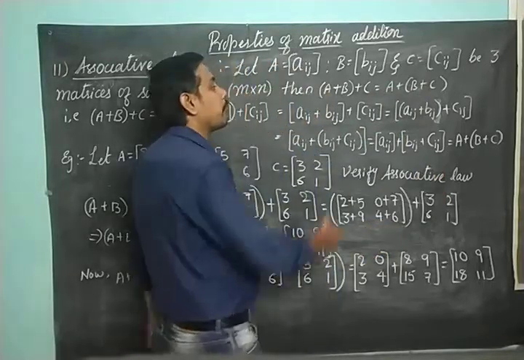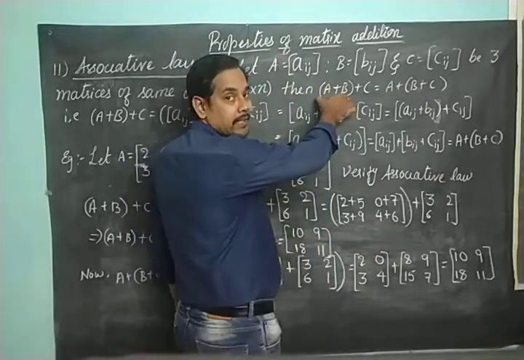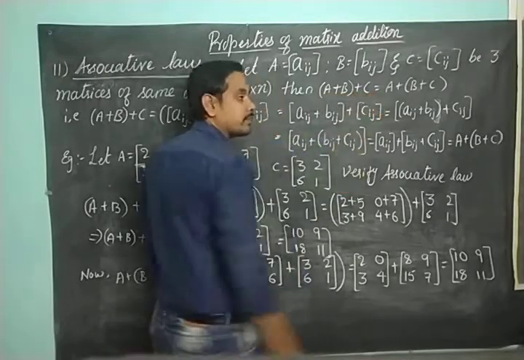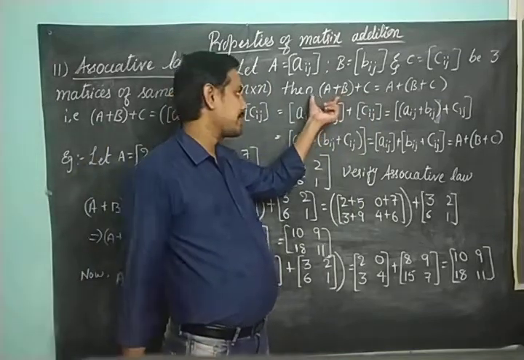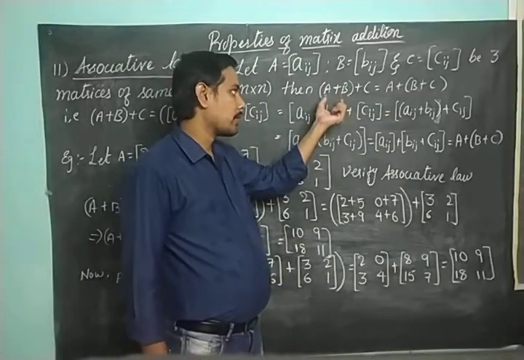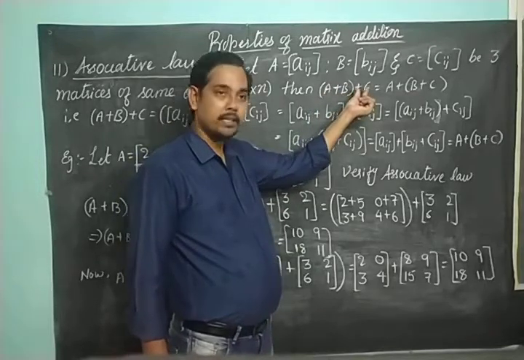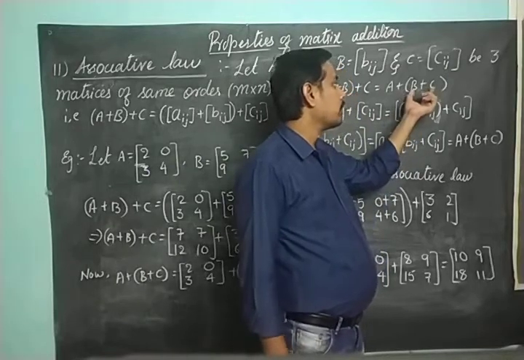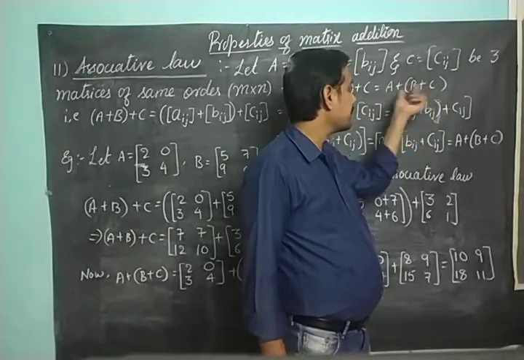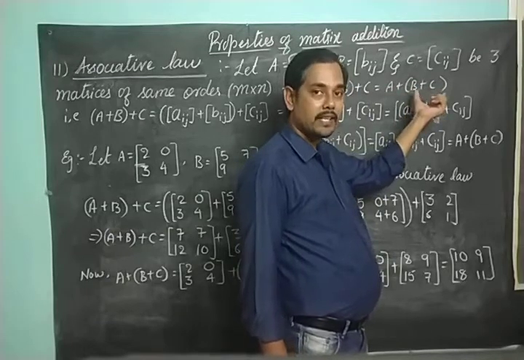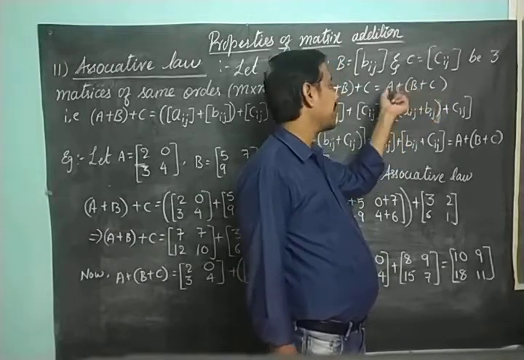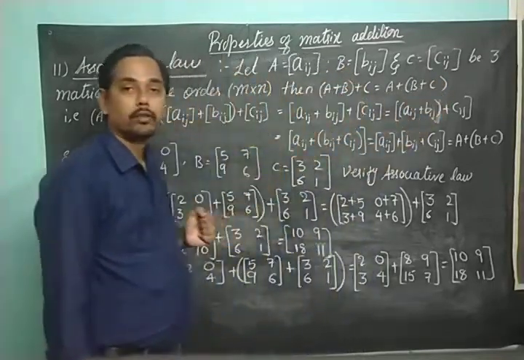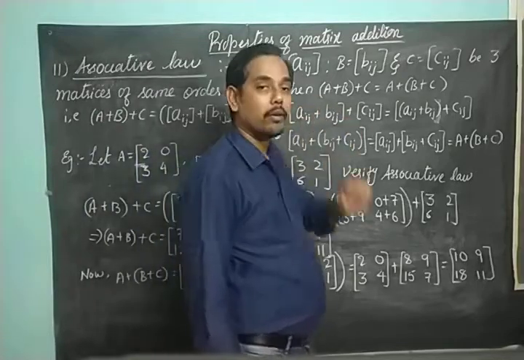That means if you add A plus B, you will get a matrix. First you should perform the matrix addition for A plus B, then whatever resultant matrix you get, you should add to C. Then that will be equal to adding B plus C first, and whatever matrix you get, adding it to A. Whatever answer you get here will be equal to the answer of this one, so LHS will be equal to RHS.